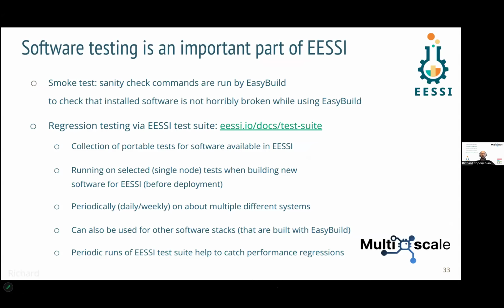Another type of test we run is the regression testing via the Easy Test Suite. Those are a collection of portable tests for software available in Easy. They are run on a single node when software is newly added to the software stack, and those tests are run before deploying the software.